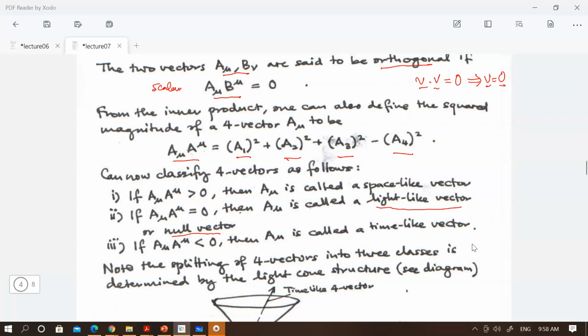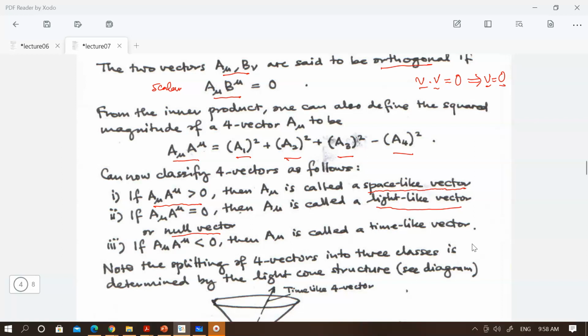Okay, and another possibility, of course, is that the addition of squared terms may be more than this negative one. Okay, and that gives you this condition, and that condition is called saying that your vector is a space-like vector.